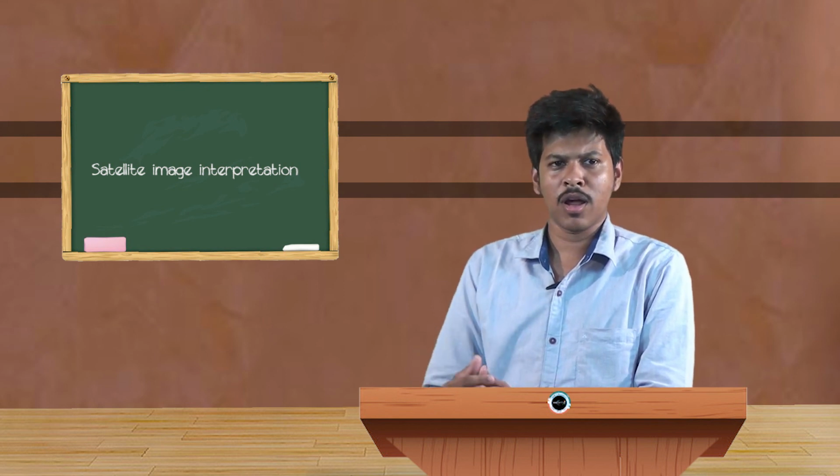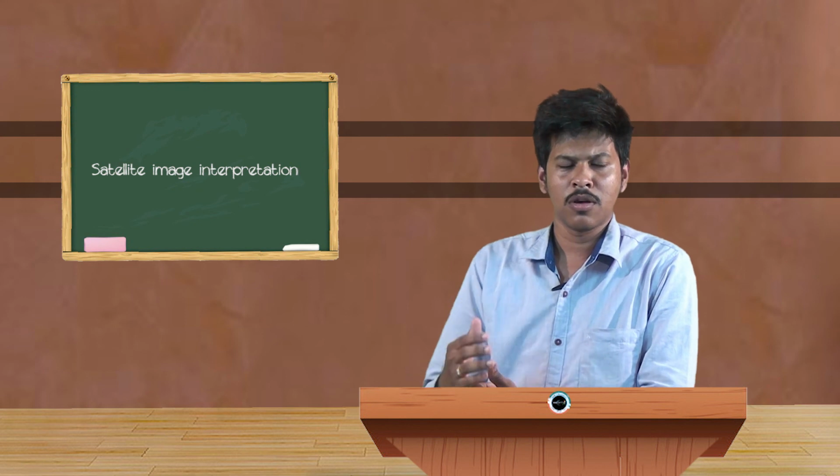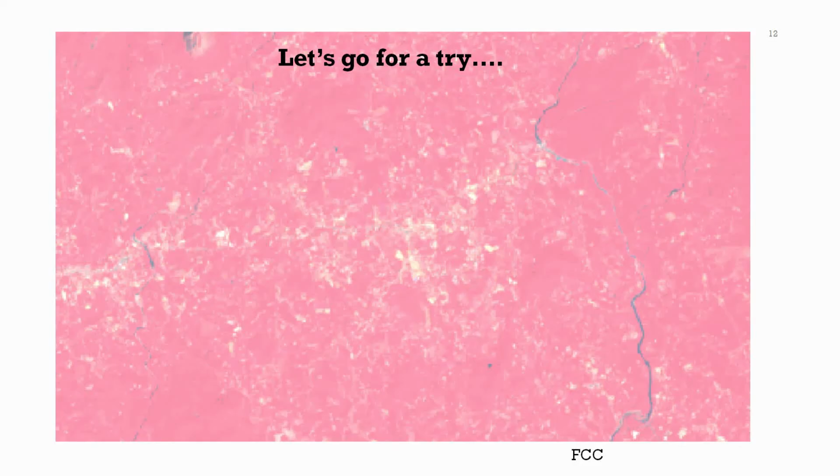I'll get back to the first image I have shown to you. Let's go for a try. See, there is a regular pattern of the same pixel here. I can call this a road, and we also have a river here, and there is a definite set of coarse textured pixels here. This is probably the forest, and here you have a rocky outcrop, white patches.